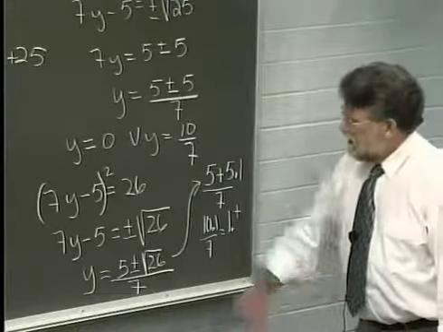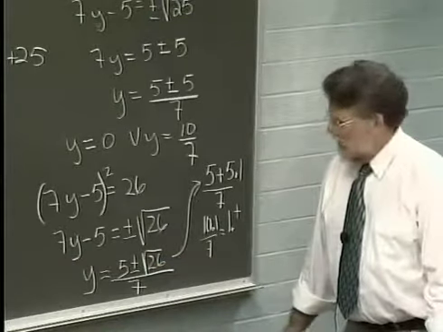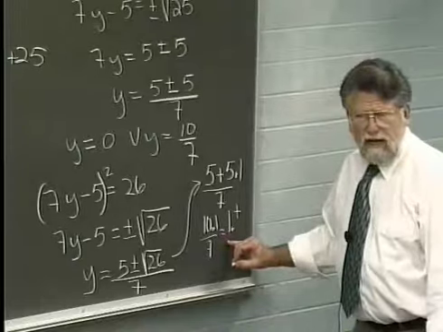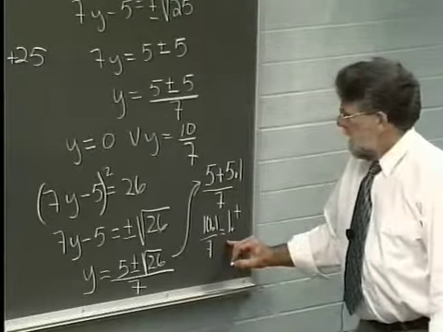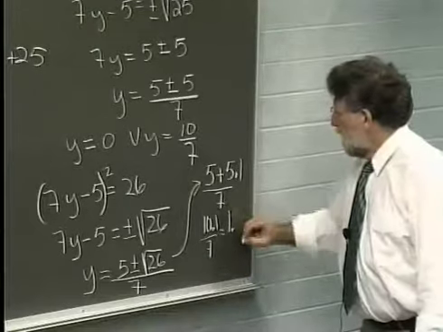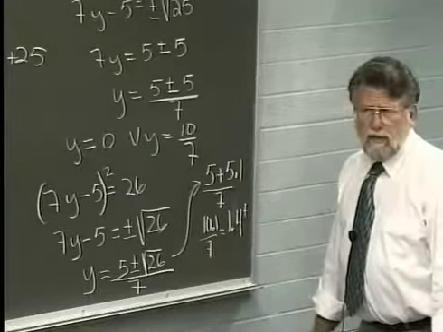We get so much in the habit of just writing 5 plus or minus the square root of 26 over 7, we may forget that that represents a number. Now, if I have 3/7, my guess is that that's 1.4 something, and so we can get a numerical value for it. So let's go back to the document cam.